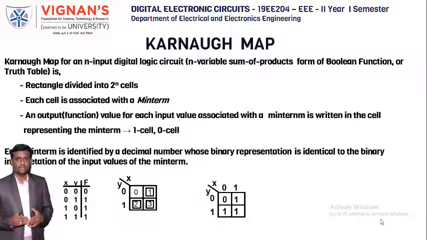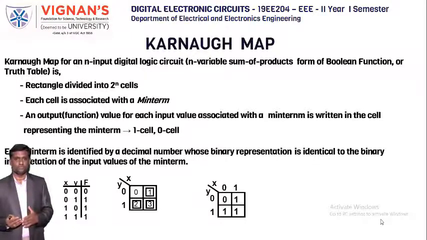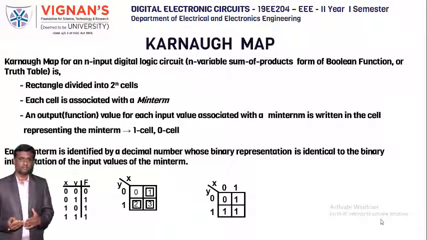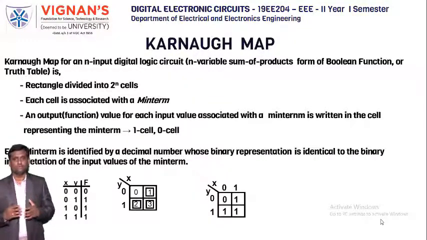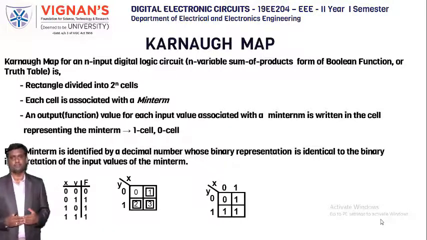Similarly, if X is 0 and Y is 1, the corresponding cell value is 1. So like that we have assigned each cell value in its decimal representation for easier identification of the binary interpretation onto the minterms.